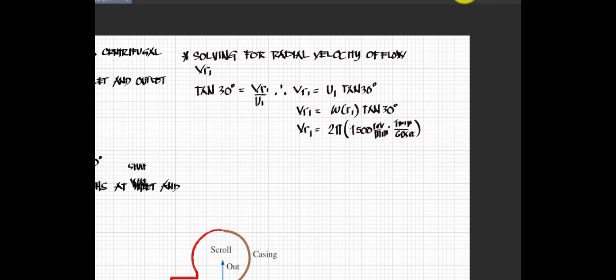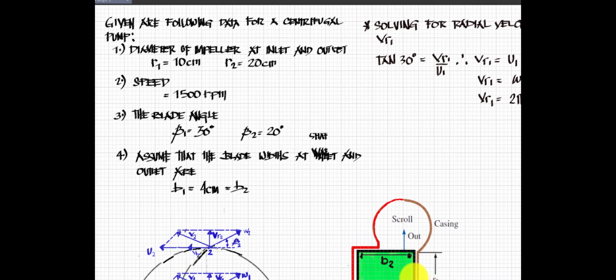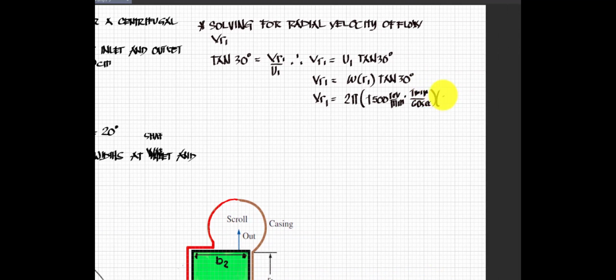Then multiply it by your radius. Going back to the given data, that will be 10 centimeters, which I will convert to meters, so that is 0.1 meter.